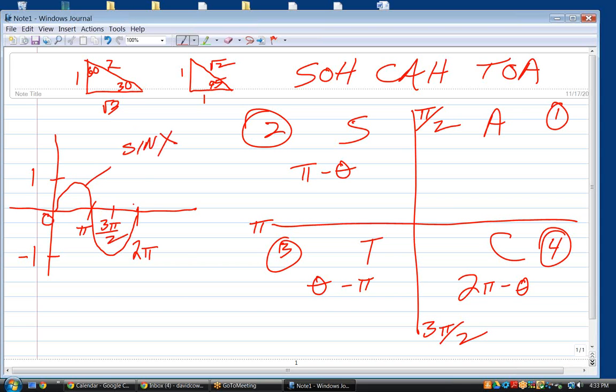What's the sine of 0? Read my graph. Based on my graph, what's the sine of 0? What's the sine of 90 degrees?